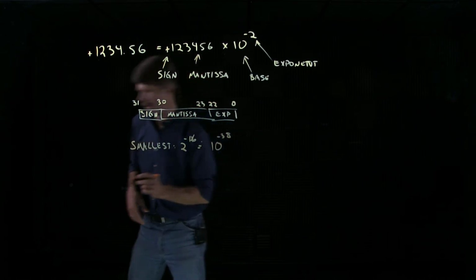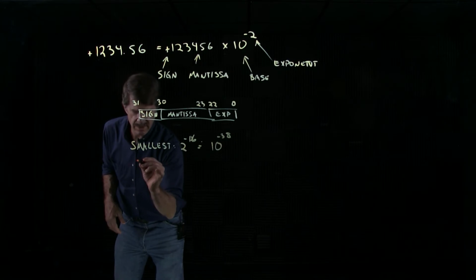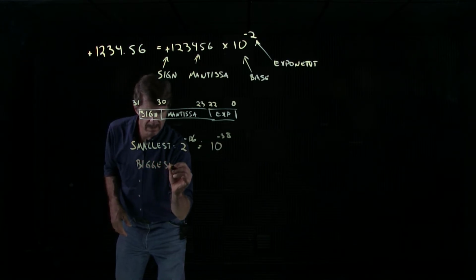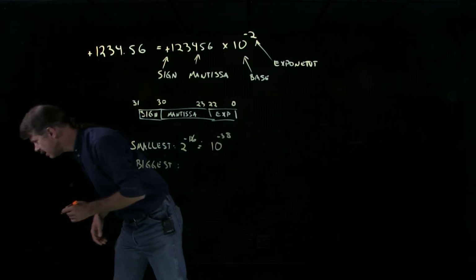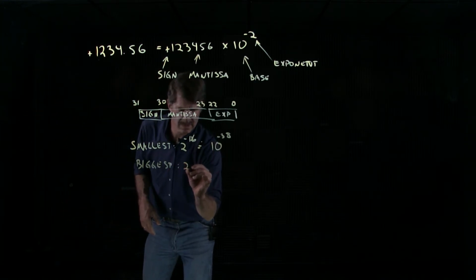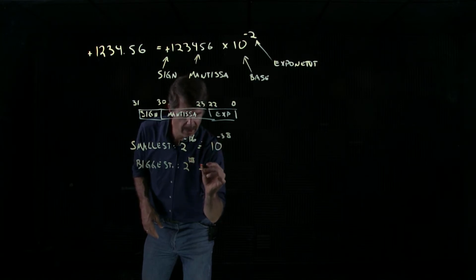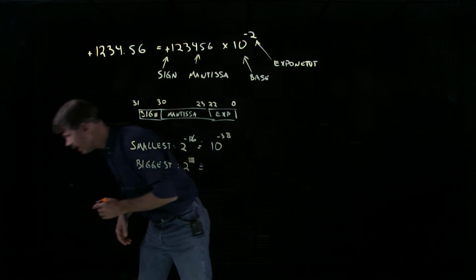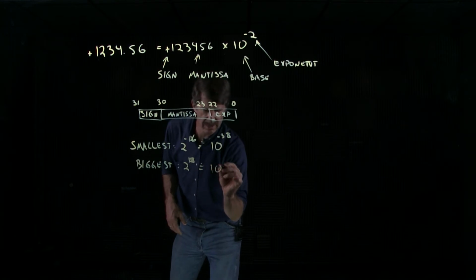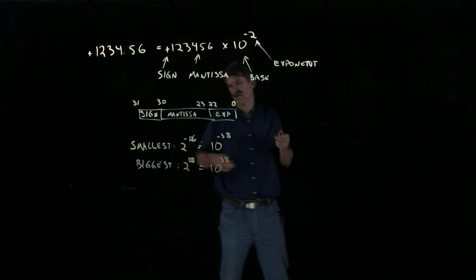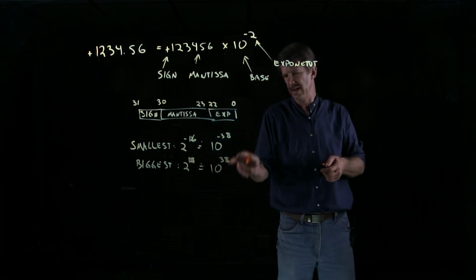Pretty darn small. And the largest is pretty close, 2 to the positive 128, and that is about plus 10 to the 38 in round numbers. Which seems like, gee, that's a very tiny number and that's a very big number.